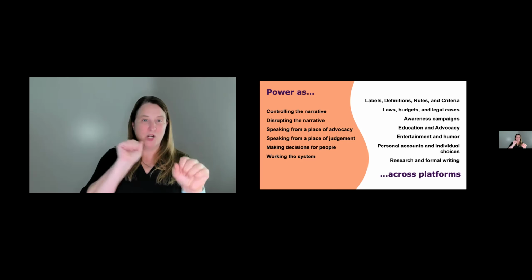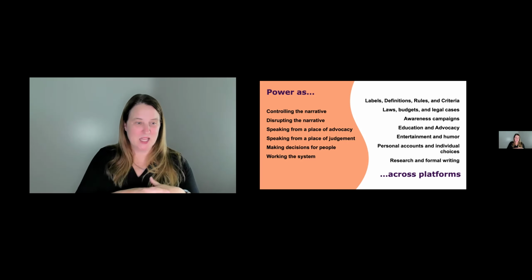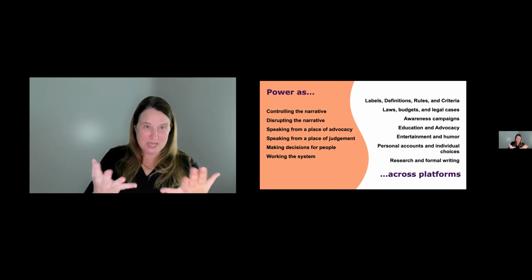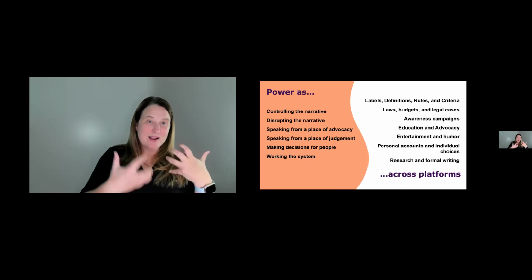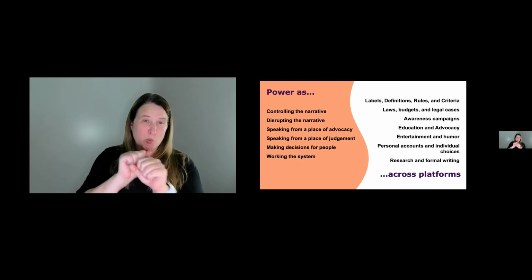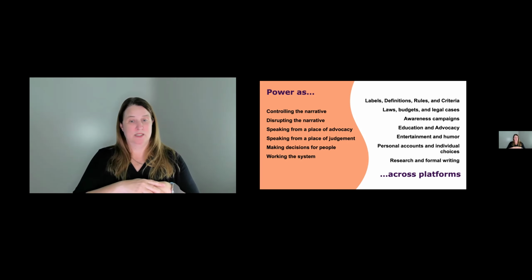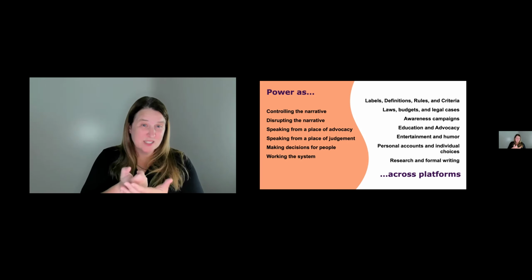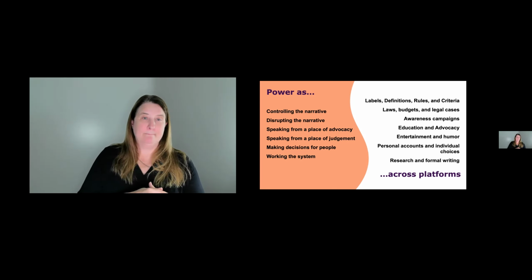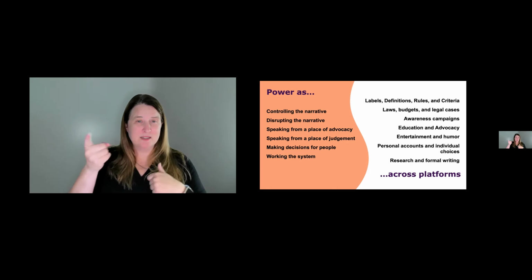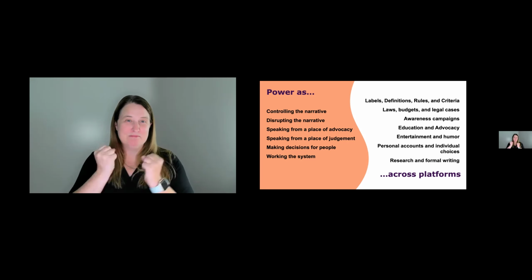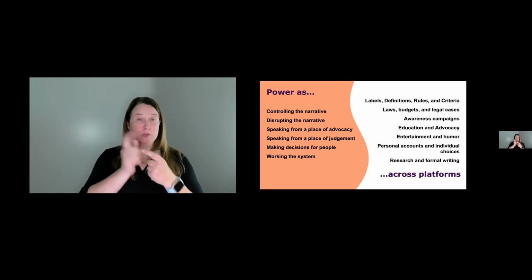The last example here is working the system. So a lot of it's about systemic access, accommodations, potentially access to work opportunities, funding, scholarships, just money, financial issues more generally, home life, just thinking about how the system relates to disability.